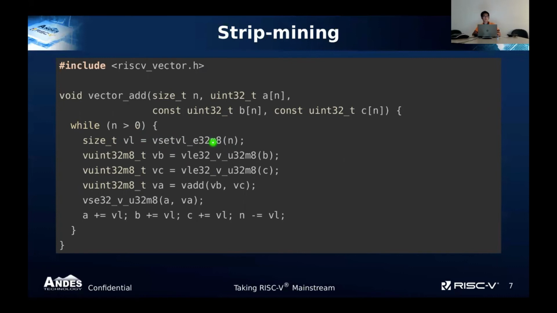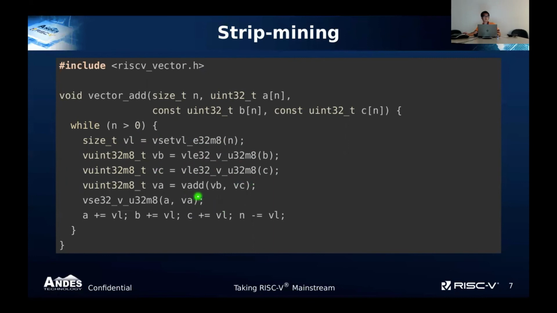And there are two possibilities here. If the number of elements can fill the whole vector register, then it will just return the maximum vector length. But if we are processing the leftover elements, then the VL will just be the n here, and the active vector length will be set to process the remaining n elements. Now we have the VL set up, so we can load the data with a VLE instruction from B and C into VB and VC.